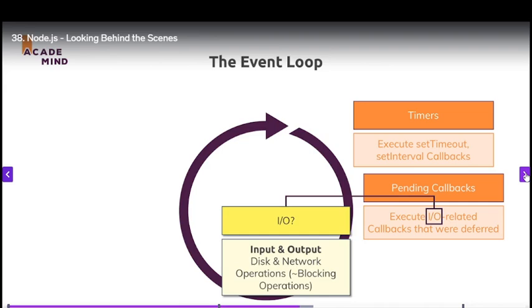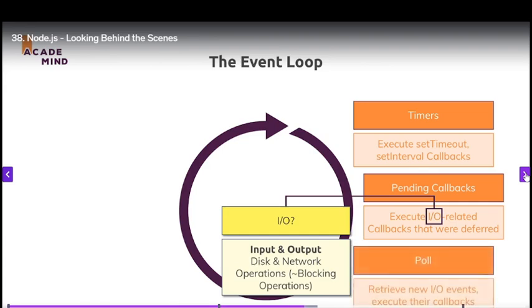After working on these open callbacks and hopefully finishing them all, it will enter a poll phase. The poll phase is basically a phase where Node.js will look for new I/O events and do its best to execute their callbacks immediately if possible.